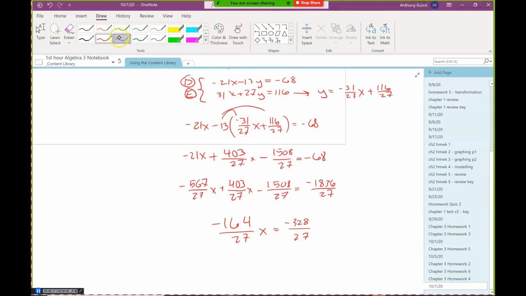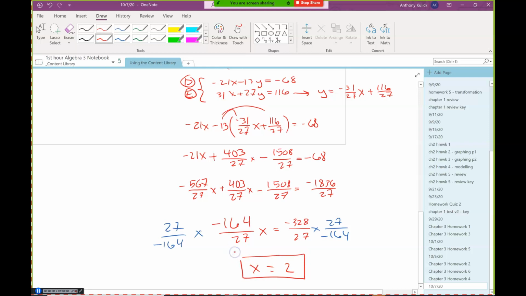And now to solve for x, I'll multiply by the reciprocal. And so I get x is equal to 2. So that's one part of our answer.